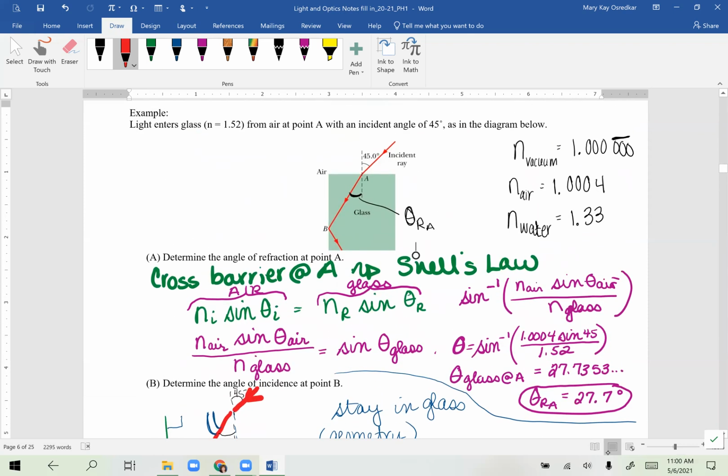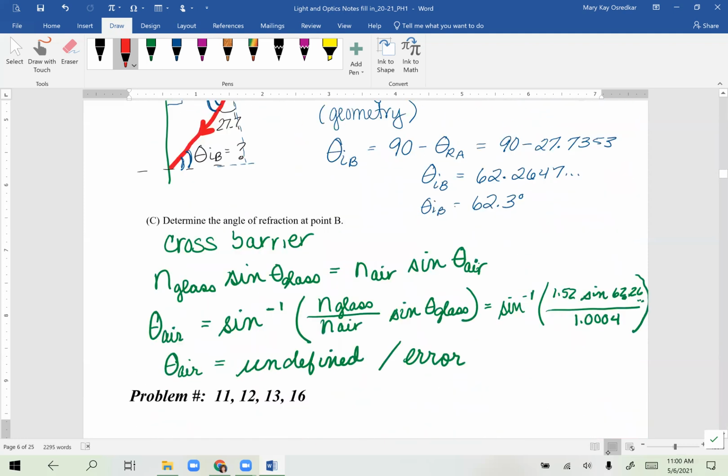If we have a small n and a big angle, we get a big N with a little angle, yes? Effectively, what's happening at B is it's trying to bend away, so it needs to get an angle bigger than the 62.3 degrees or whatever it is, okay?